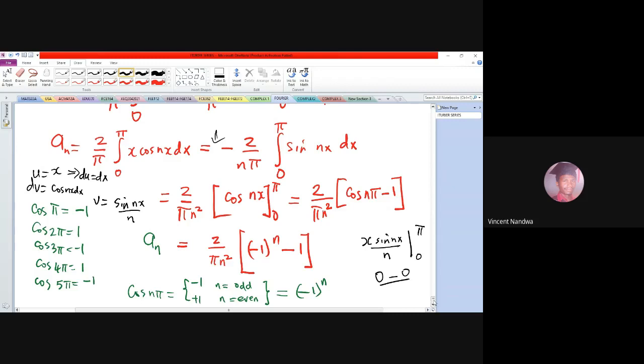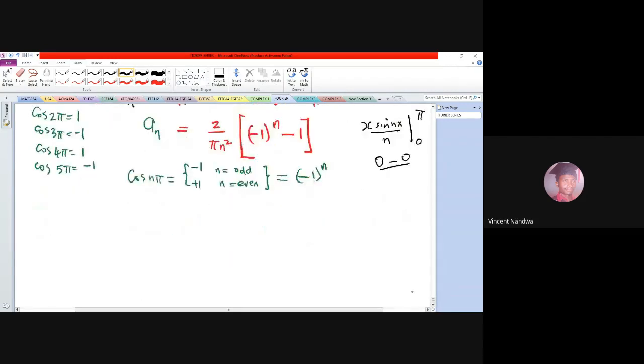So therefore now, the series, when we say an equals 2 over pi n squared into minus 1 power n minus 1, this has two solutions. When n is an odd number, this part will be negative 1. So negative 1 minus 1 is minus 2.